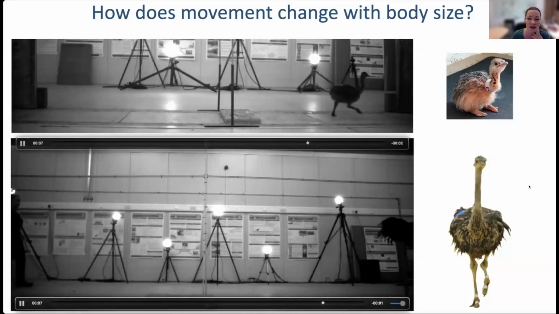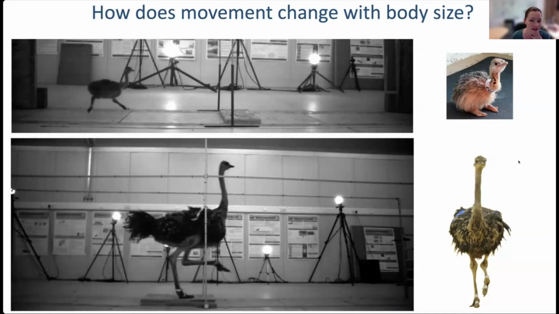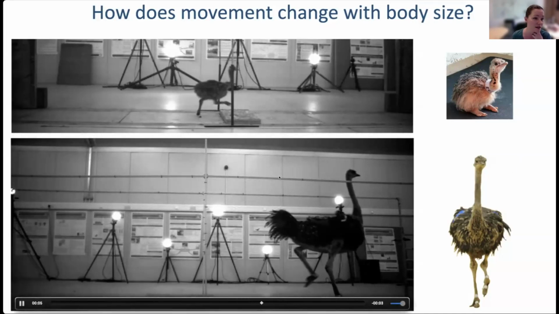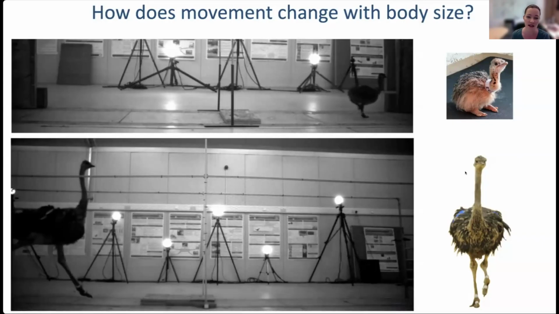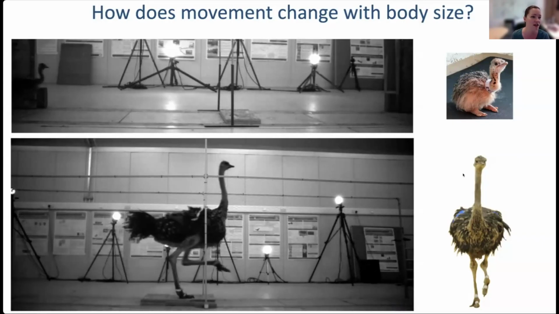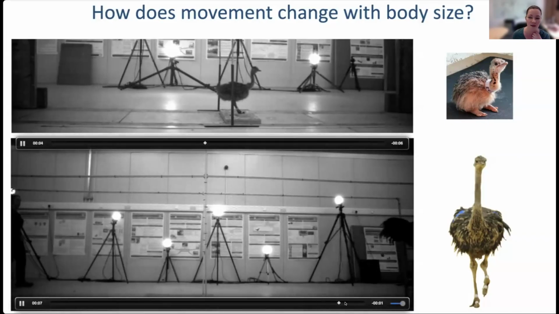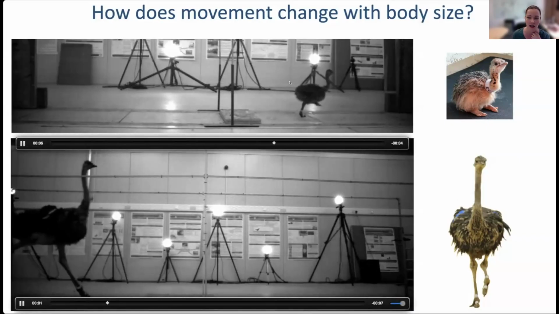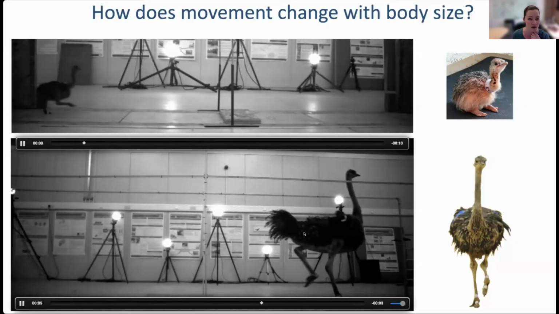And so we're interested in the question of how does movement change with body size? That question could be asked in the context of development. And there are some studies that have looked at changes in human gait with increasing size. This is an example of Edgar the ostrich at several weeks old and at 12 months old.